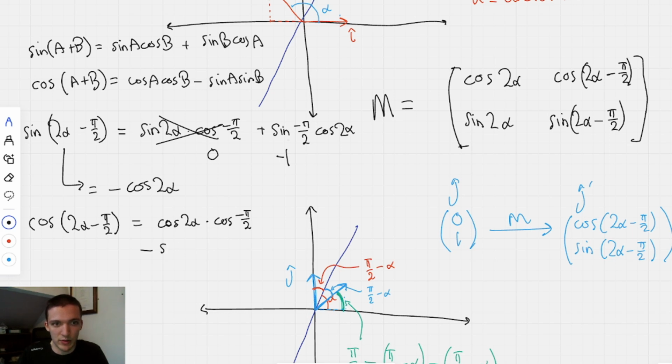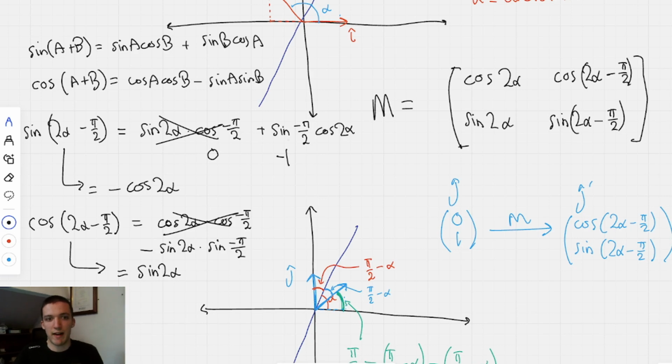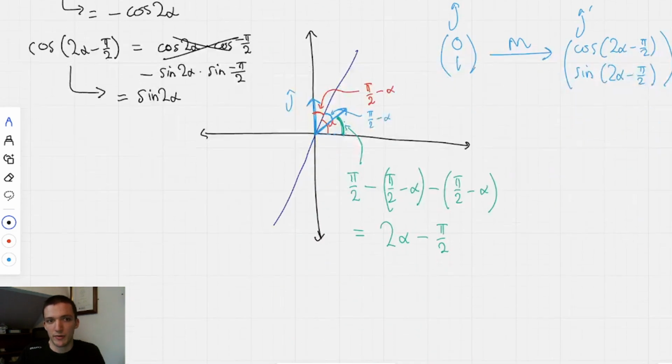Subtract sine of 2 alpha times the sine of negative pi by 2, which is negative 1. So this cancels, and this becomes positive sine of 2 alpha, like so. And so now, using these two identities, we can rewrite our equation slightly, or our matrix, sorry. Just down below, let me do that.